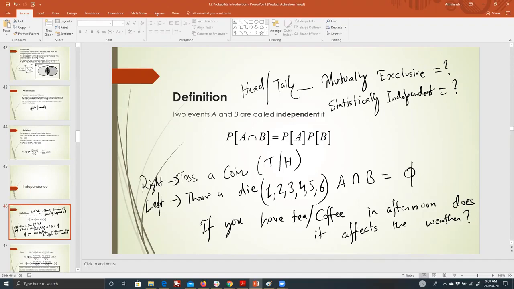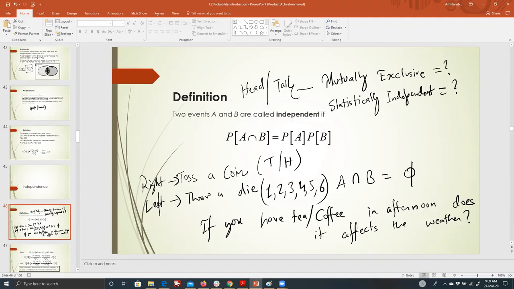Can we say jogging outside? I mean, the rain affects jogging outside. Yeah, that is statistically dependent, because based on the rain, it can affect how many minutes you would run outside, or whether you run at all. So that cannot be called statistically independent. But me having tea or coffee in the afternoon doesn't affect the weather. If it is going to rain, it will rain.